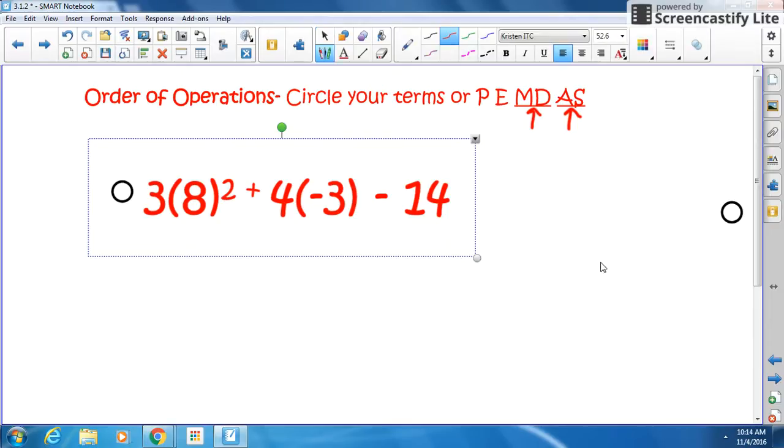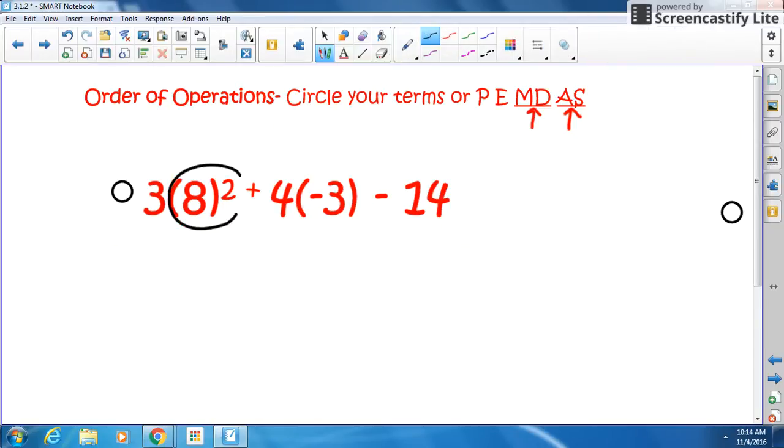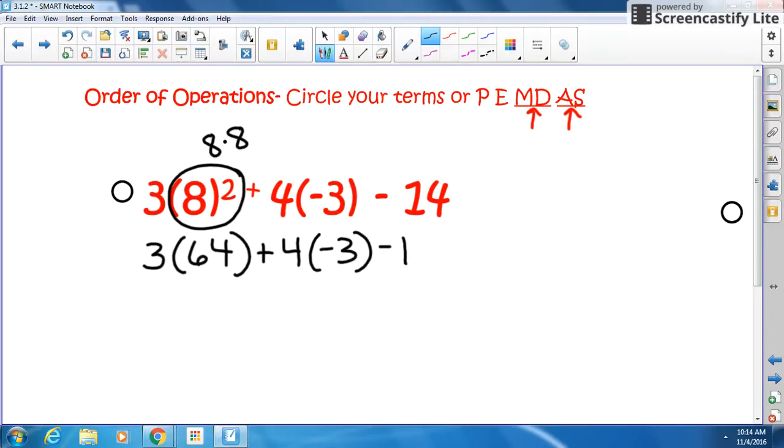Exponents. I do see an exponent. So I am going to circle my term that is tied with that exponent, and I'm going to do that problem. And 8 to the second power means 8 times 8, which is 64. I'm going to rewrite the problem. 3 groups of 64 plus 4 groups of -3 minus 14.